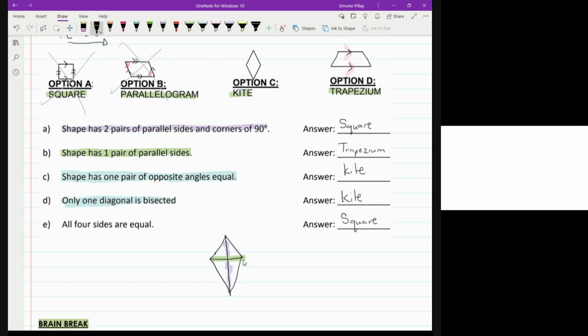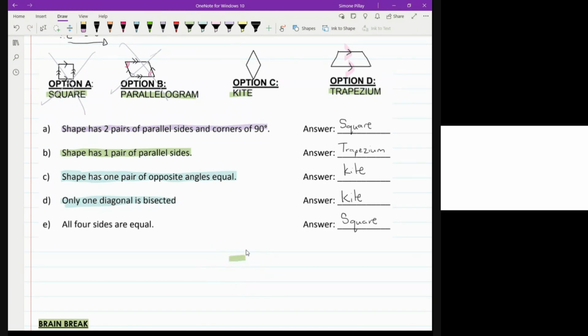If you think about a kite again, one pair of opposite angles is equal. It's this pair over here. These angles are equal to each other. This angle here is bigger than this angle at the bottom, so these opposite angles are not equal. But the ones on our sides, these are equal.